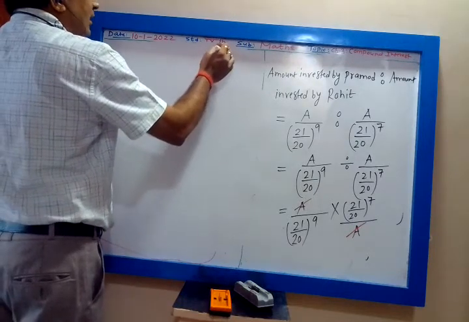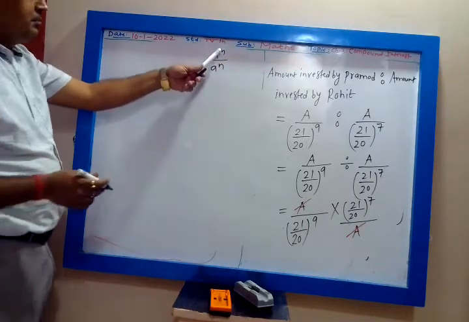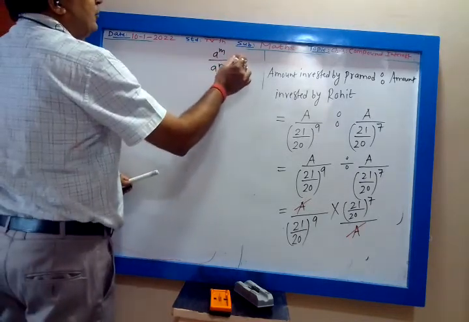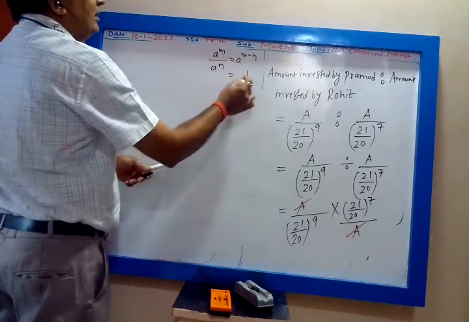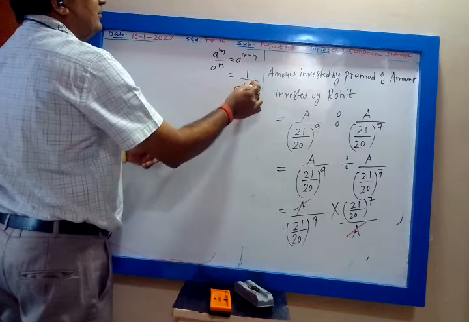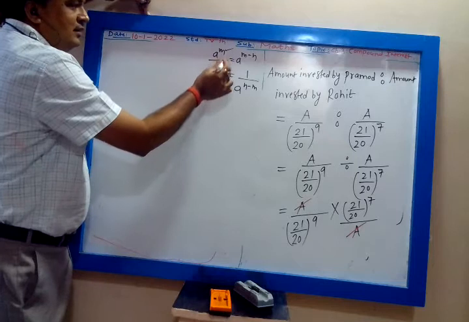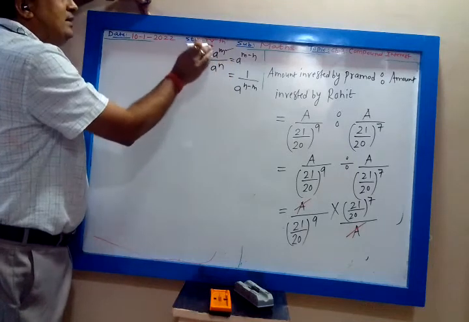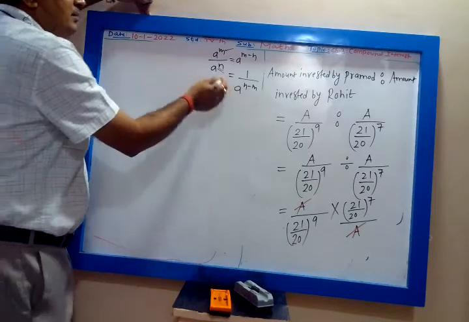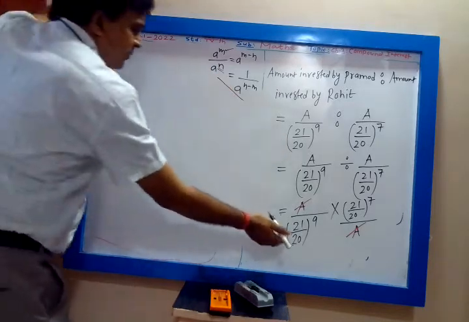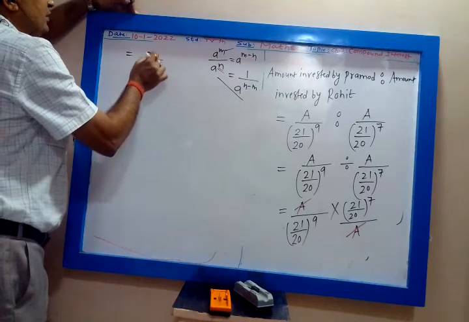A raised to M upon A raised to N. If M power is bigger, then I can write A raised to M minus N. If N power is bigger, then I can write 1 upon A raised to N minus M. Same thing I will apply here. Now denominator power is bigger. So that is 21 by 20 raised to 7.